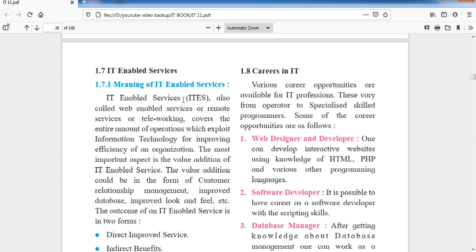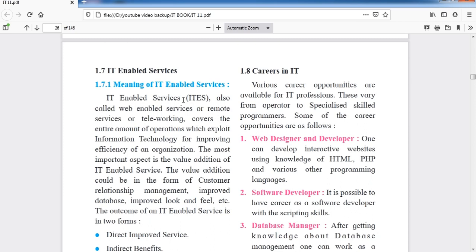IT enabled services, also called web enabled services or remote services or teleworking, cover the entire range of operations which exploit information technology for improving the efficiency of an organization.